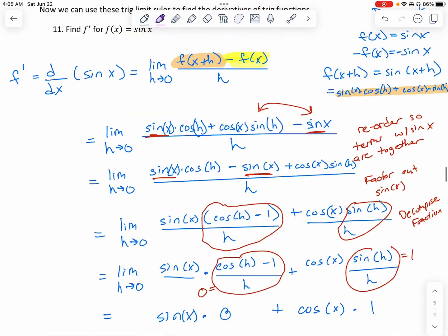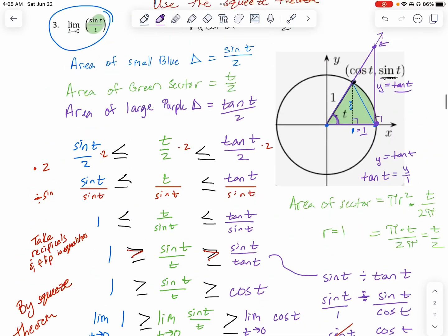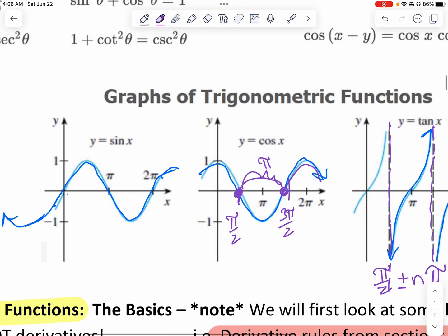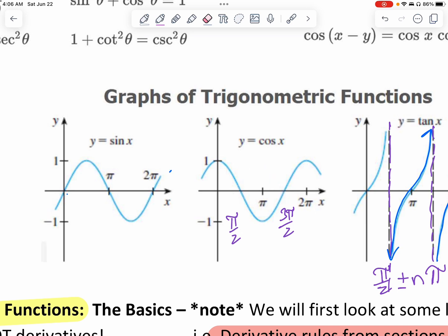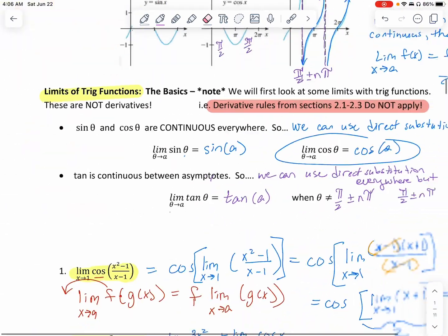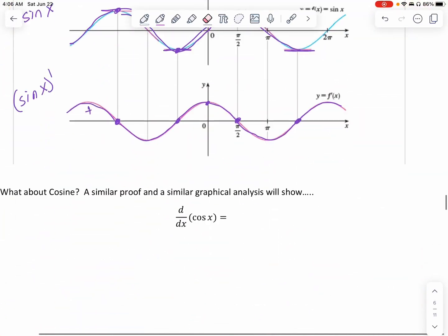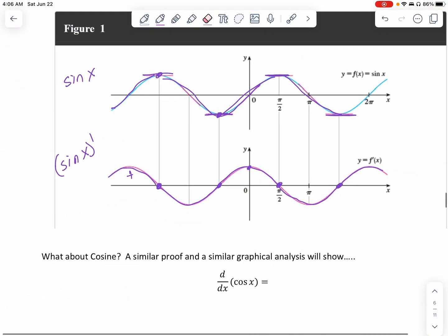So if you look back at our reminder page, we have our two functions and how sine and cosine correspond. So you can see by these two graphs how the derivative of sine is actually cosine.